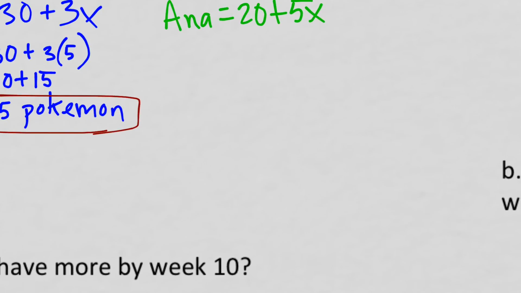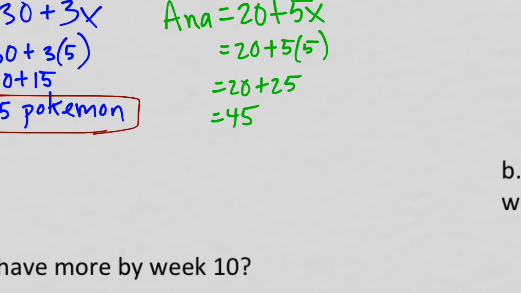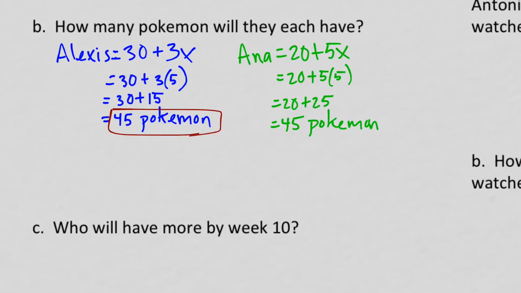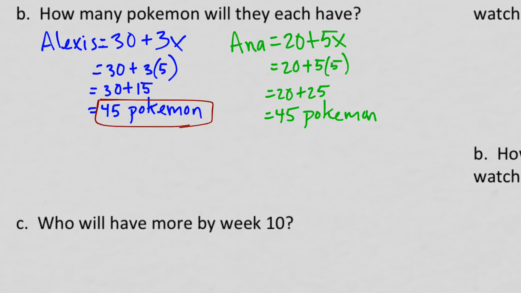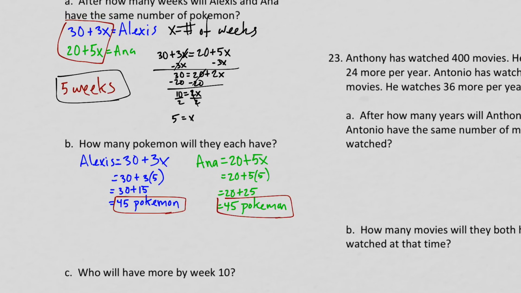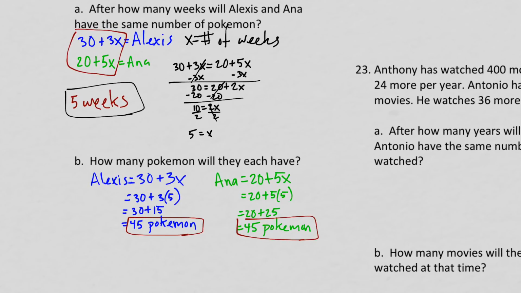Let's plug in 5 also. That's 20 plus 5 times 5. That's 20 plus 25. And that is 45 Pokemon. So she has 45 in 5 weeks also. So after 5 weeks, they both have the exact same amount, which is what we said in problem number 8.